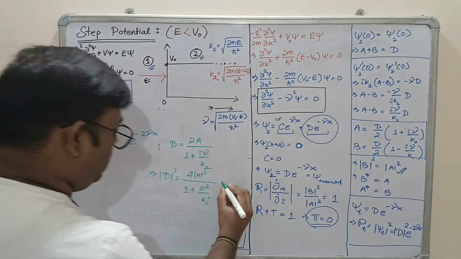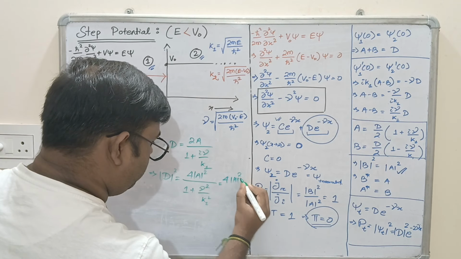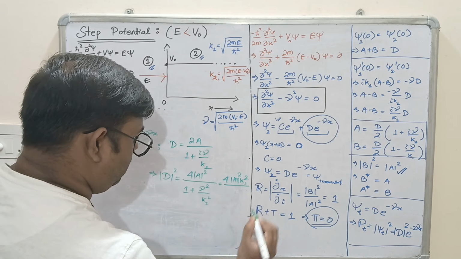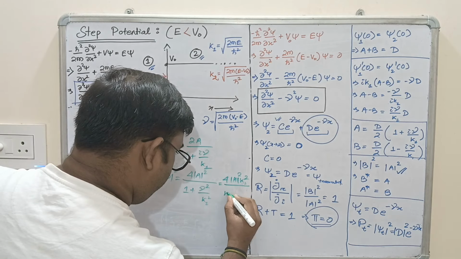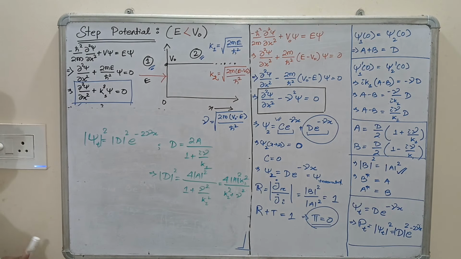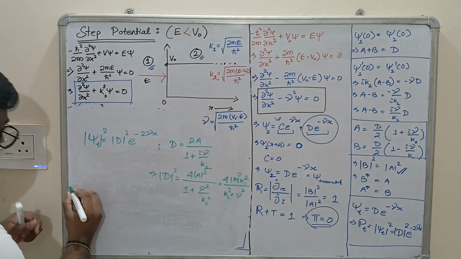Got it? Now this will give us 4 A mod square k1 square divided by k1 square plus nu square. Yes or no? This will be the value.